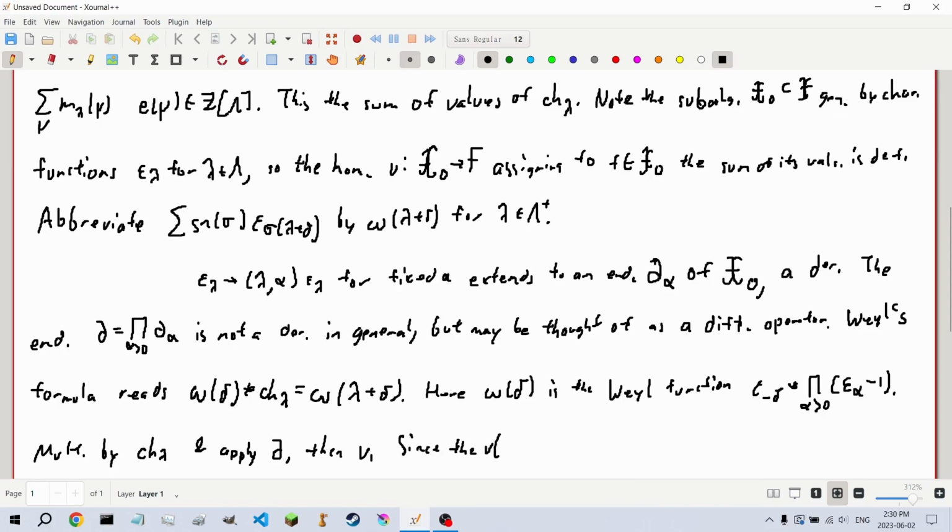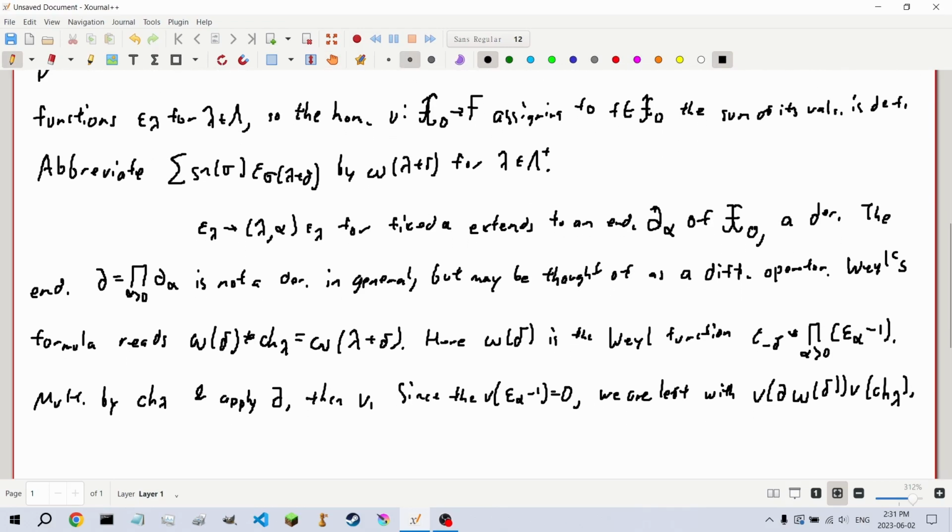Since v of epsilon alpha minus 1 is going to be 0, we are left with v of the faux differential of the Weyl function of delta times v of the formal character of lambda, which by Weyl's formula is v of faux differential of omega of lambda plus delta.